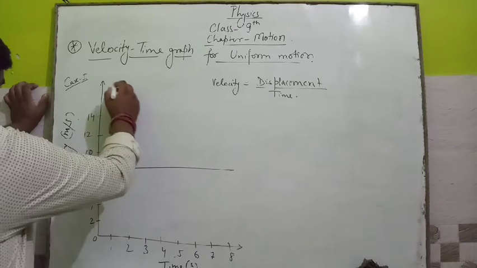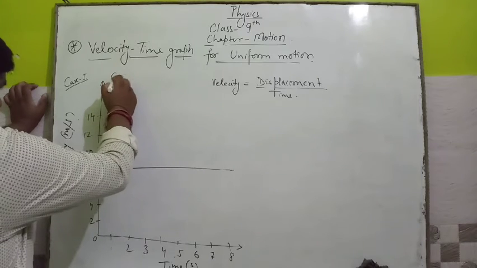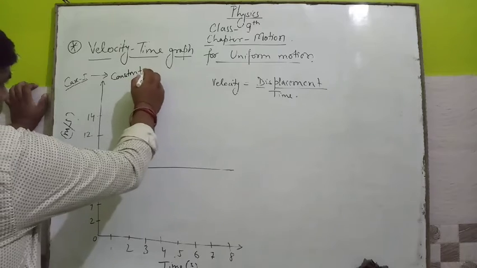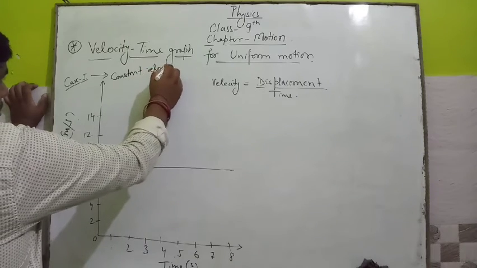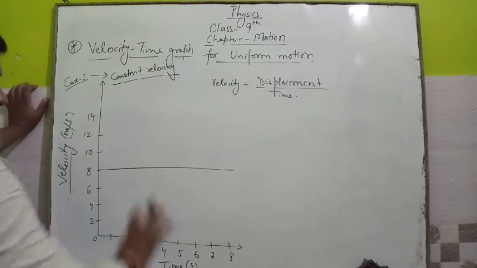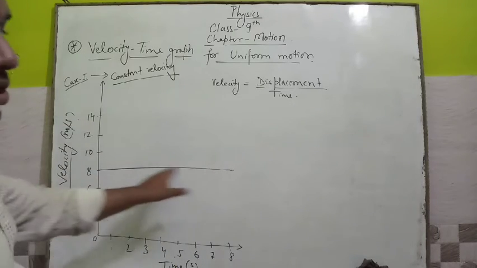So you write here: case first, for constant velocity. The velocity is constant, parallel to the time axis, meaning it is not increasing, so this is constant.